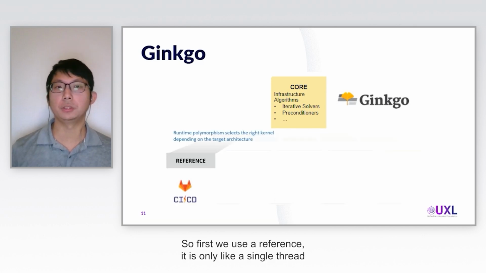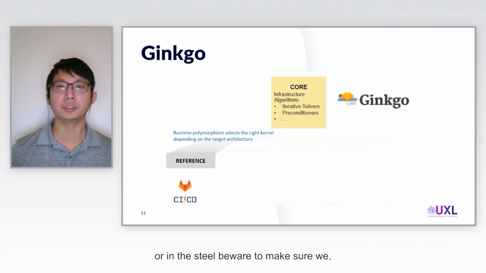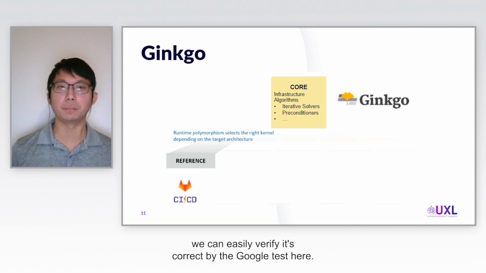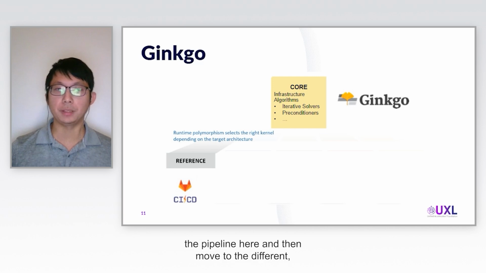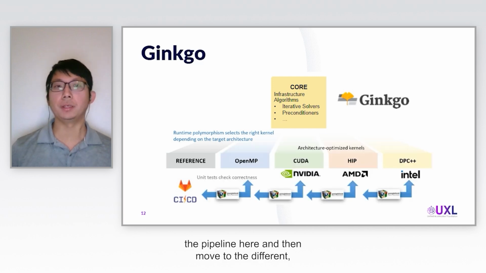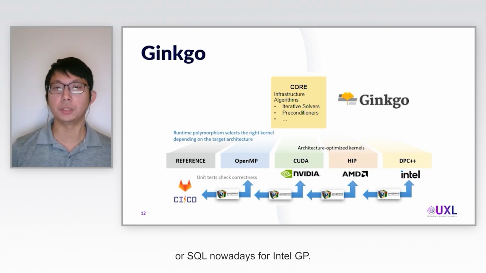First we use a reference backend. It's only single thread, and we write the kernels in a simple way, a stupid way, to make sure we can easily verify correctness with Google Test. We use SYCL to ensure each commit passes the pipeline, and then move to the different backends. For multi-core CPU we use OpenMP, we write CUDA kernels for NVIDIA GPU, HIP kernels for AMD GPU, and DPC++, or SYCL nowadays, for Intel GPU.